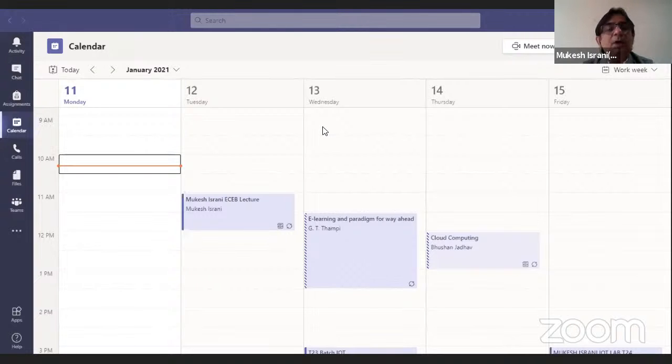I'll just show you. I'll go to the browser and type Microsoft Teams. When I type Microsoft Teams, okay, you get an option here which says download Microsoft Teams. My machine already has Microsoft Teams. So you can download now, and the username and password that we send you, you sign in.